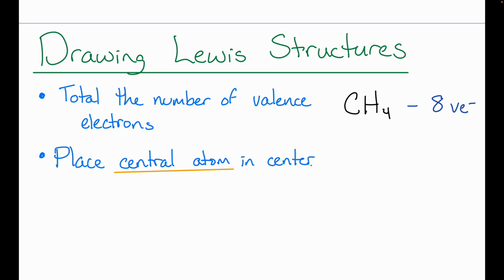You can usually tell by the formula it's usually the first one listed, but that's not always the case, as is with water, right? So it's the least electronegative element, with the exception of hydrogen, which is never the central atom.